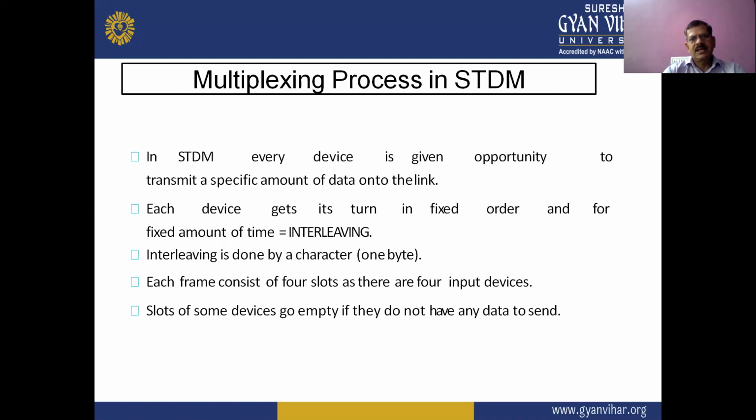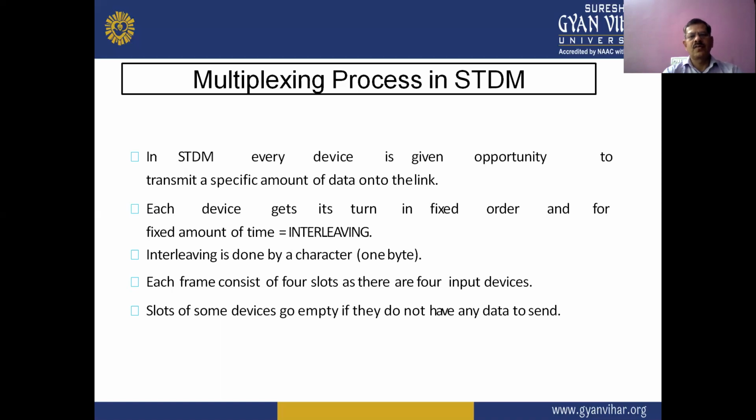What is the multiplexing process in a synchronous TDM system? In STDM, every device is given the opportunity to transmit a specific amount of data onto the link. Each device gets its turn in fixed order and for a fixed amount of time, with interleaving. Interleaving is done by character, 1 byte.